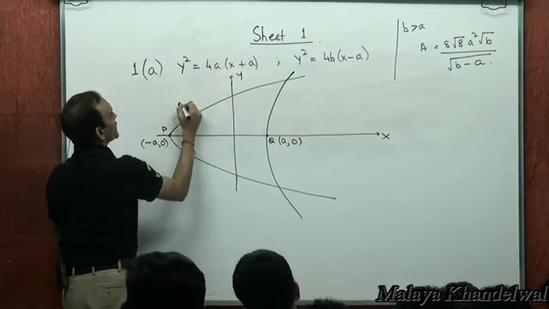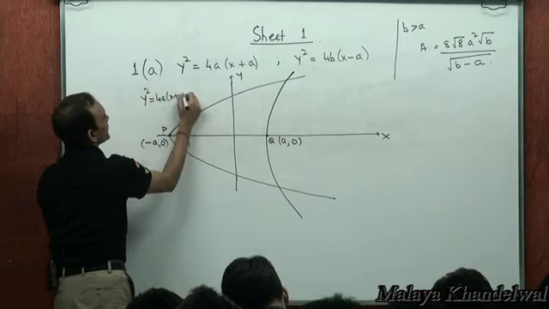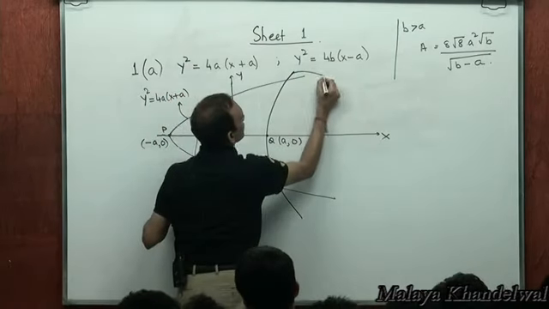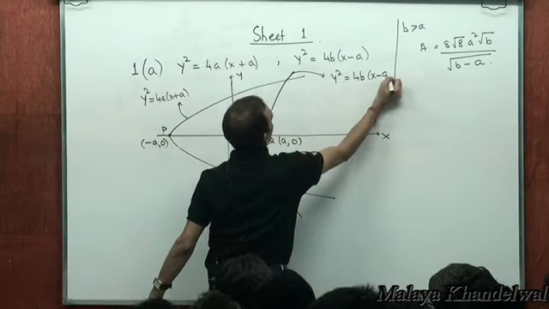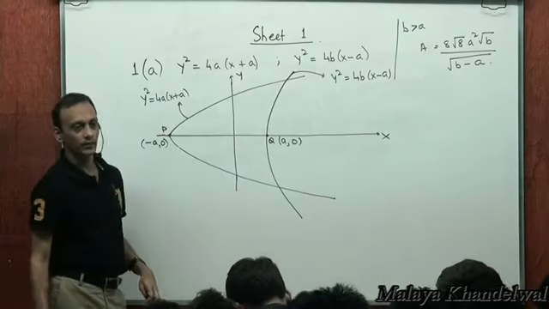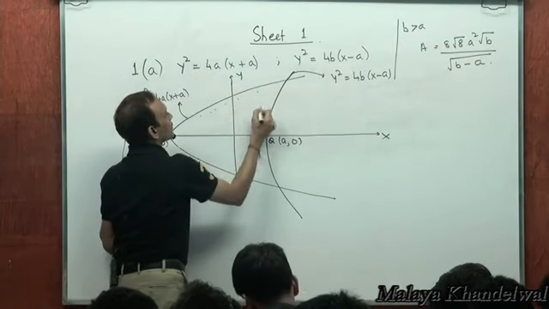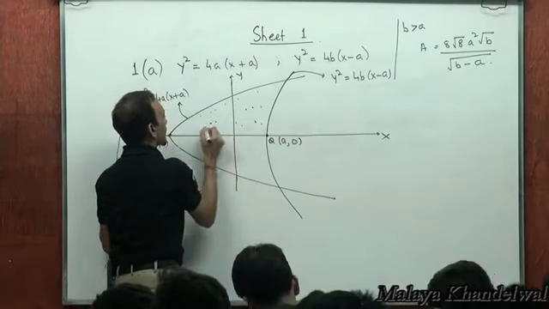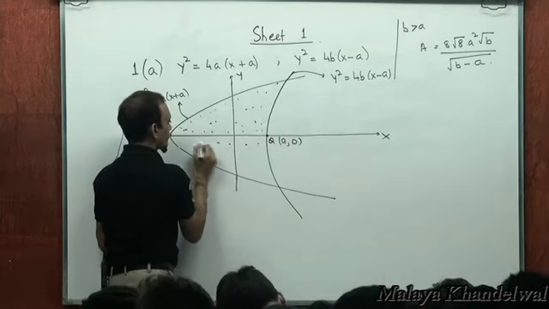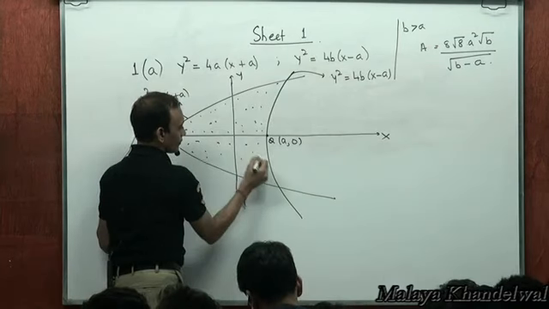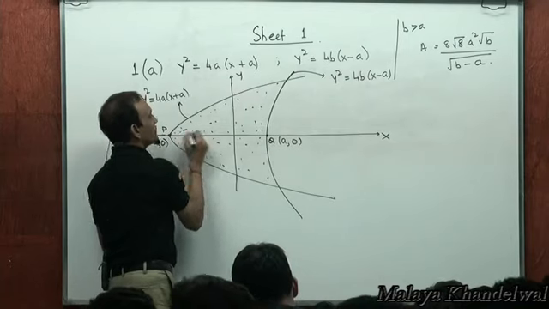So this is essentially y squared equal to 4a into x plus a, and this is y squared equal to 4b into x minus a. These are the two parabolas, right? And what I am seeking to find is this area.